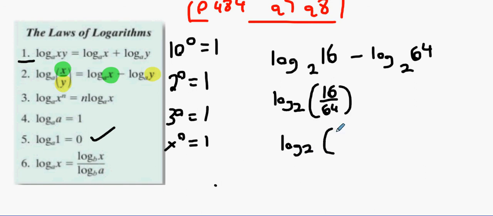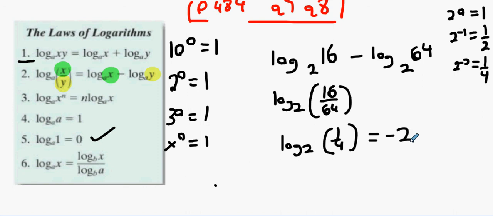What's 16 over 64? A quarter. And does everybody remember this? 2 to the power 0 is 1. 2 to the power minus 1 is a half. 2 to the power minus 2. What's the answer? Minus 2 as well. That's the taking away effect of logs. Everybody cool with that?